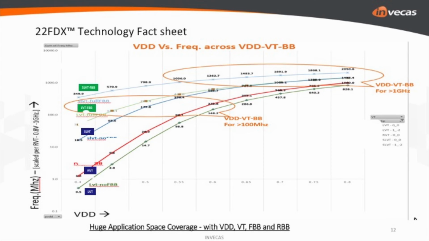Now if we look at the VDD versus frequency graph across the VDD and the threshold voltage and body biasing, we get a huge application space coverage looking at the frequency operation itself.